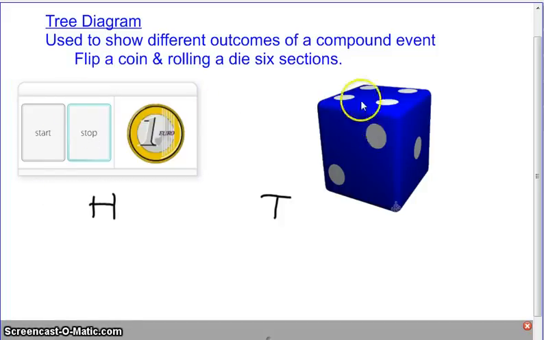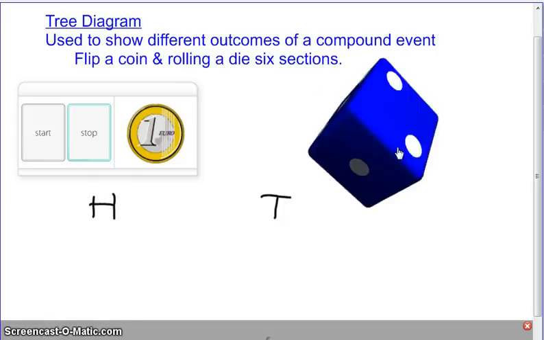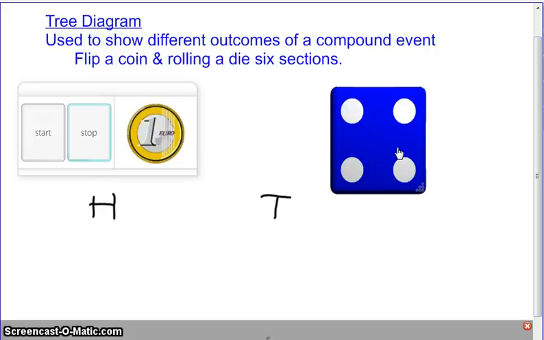Now, when we roll this die, we don't just have 2 possible outcomes, we now have what? 6 possible outcomes, right? So I could flip a coin, get heads, and roll the die and get one of 6 outcomes. I could get a 1, a 2, 3, 4, 5, or I could get 6, right? And the same is true if I was to flip and get a tail.